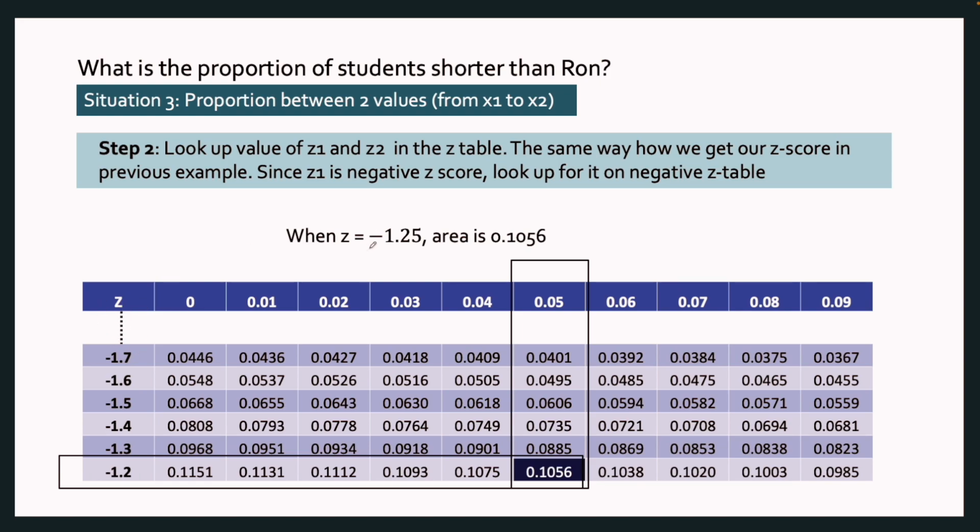Your z is equal to negative 1.25. So when you look at your table, just find negative 1.2. This is negative 1.20, negative 1.21, all the way to negative 1.25. Then you get 0.1056.